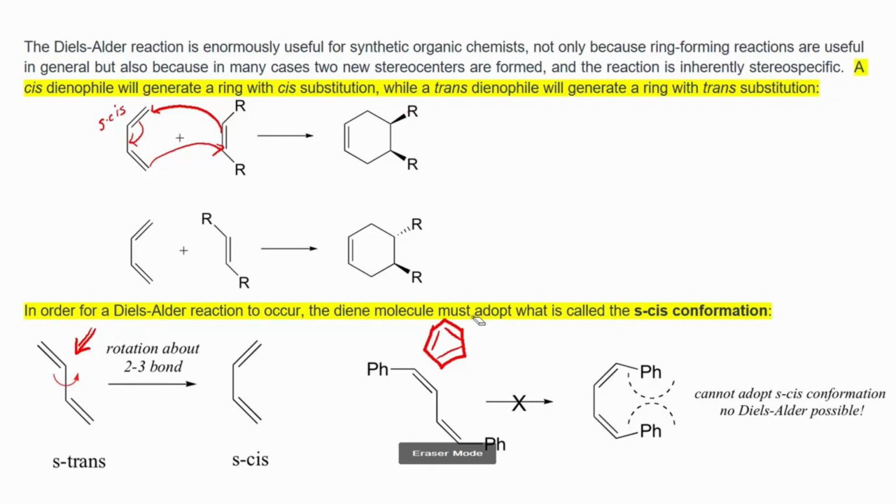It's lost a hydrogen, but it's very bulky. If you have 2 phenyl groups, you're not going to be able to form that S-cis because the phenyl groups are going to be in one another's way. You have too much steric hindrance, you're not going to be able to form a Diels-Alder reaction.